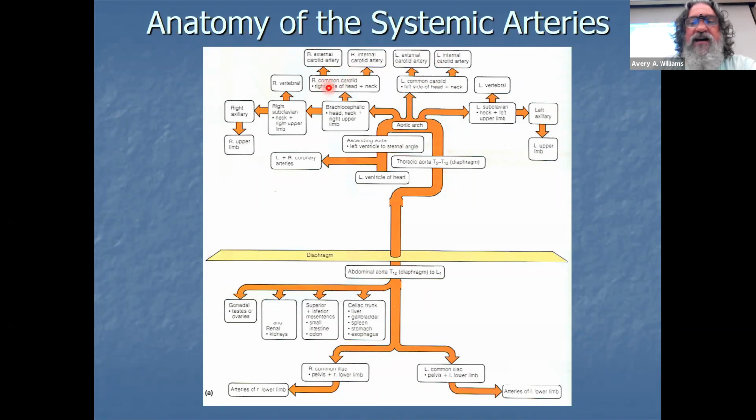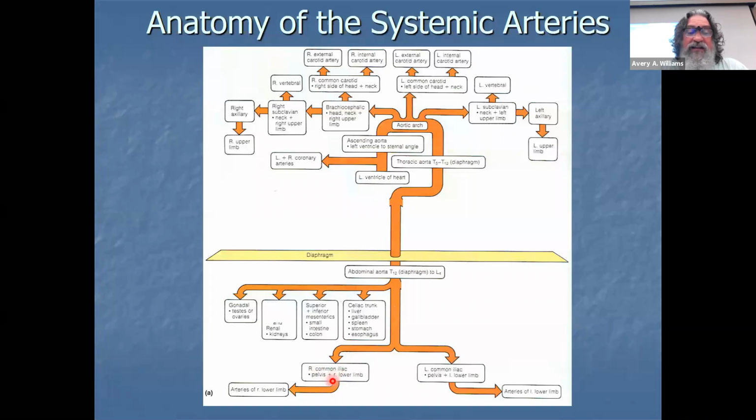Remember I said, anytime you see common, expect the following branches to be internal and external. Almost always it's like that. Common is that blood before it splits, right? But they don't show you down here. But I'm letting you know that exact same thing is going to happen down here. The common iliac artery, the right common iliac artery and left common iliac artery, that's for your left and right appendages, your legs.